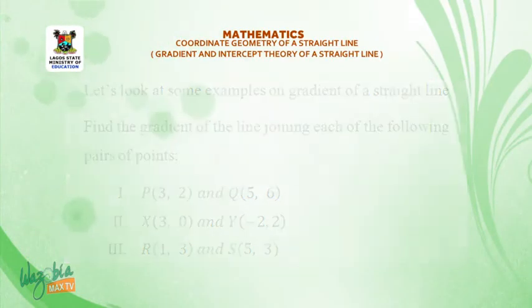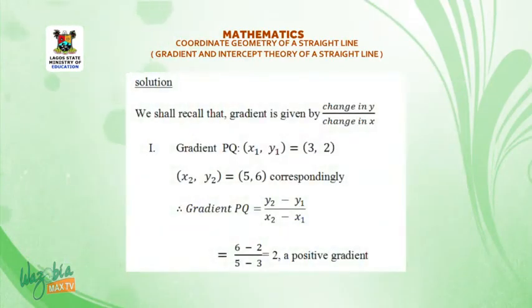Now the solution. We shall recall that gradient is given by change in y all over change in x. Roman figure 1. Gradient of PQ: coordinate x1, y1 is equal to coordinate 3, 2.